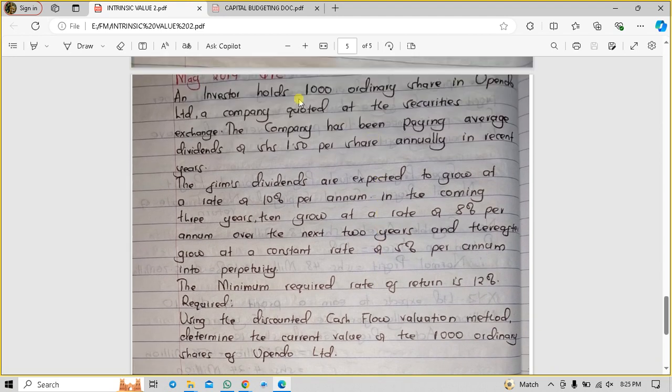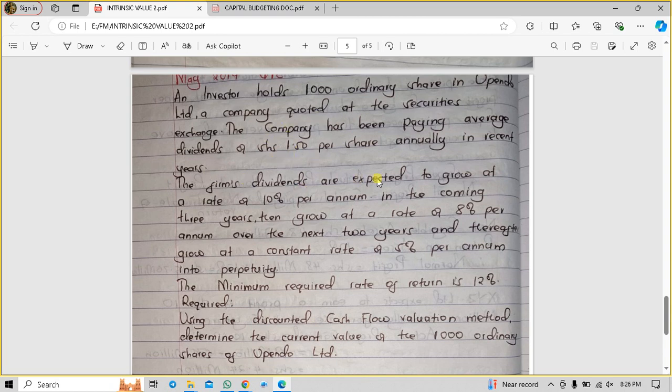An investor holds 1,000 ordinary shares in Upendo Limited, a company quoted at the Securities Exchange. The company has been paying average dividends of 1.50 shillings per share annually in recent years. So the dividend that has been paid is 1.50.